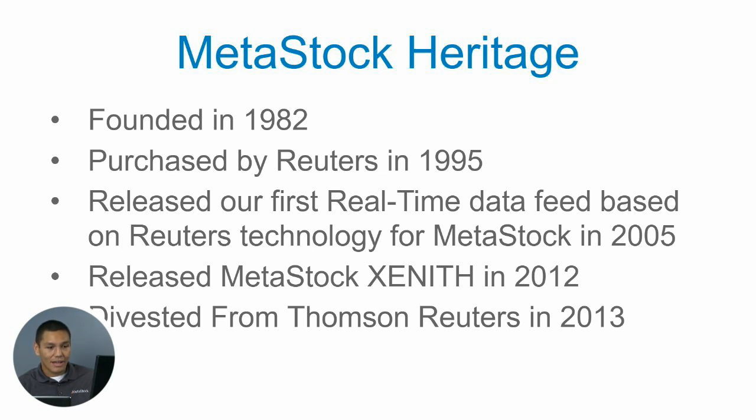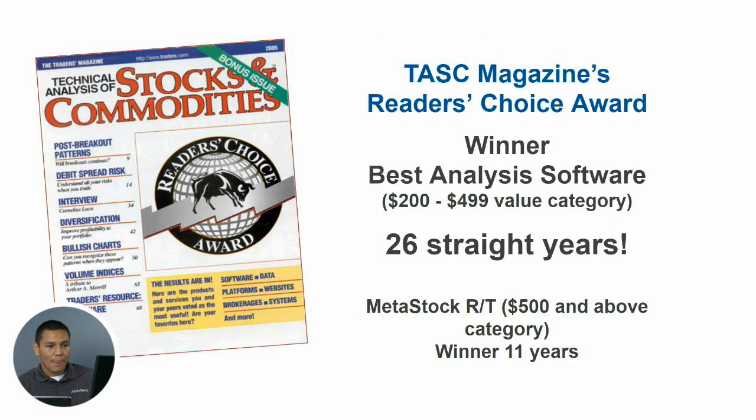They divested from Reuters in 2013 and became their own company again. Like I said, we're rated number one for 26 years in a row now, and we're going to go over the power tools today, showing you why we're rated number one.